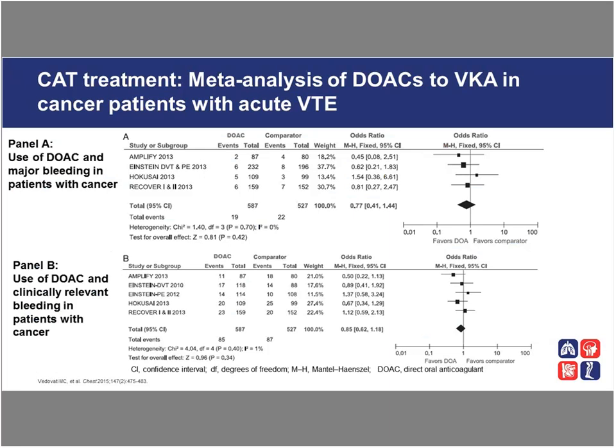When we look at major bleeding as defined by specific criteria put forth by the ISTH, we also note that there doesn't seem to be a statistically significant difference between a DOAC and a vitamin K antagonist, at least when looking at the subgroup analyses of these studies. A similar conclusion can be made when specifically looking at clinically relevant bleeding.